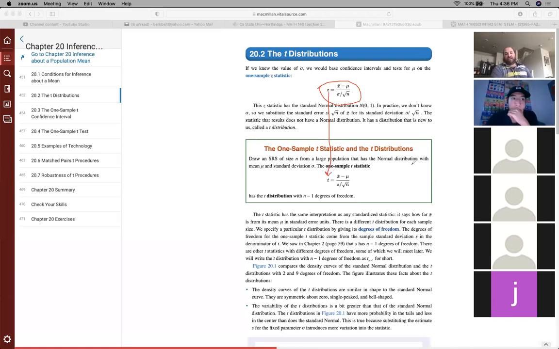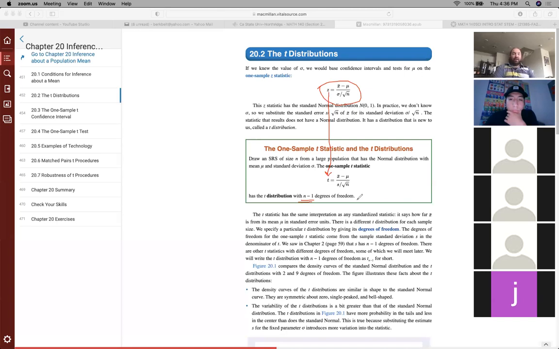And the change is manifested in the fact that we are not going to be using sigma, we are going to be using S instead. And it has this extra weird thing called the number of degrees of freedom. Z did not have this degrees of freedom concept, but T does.